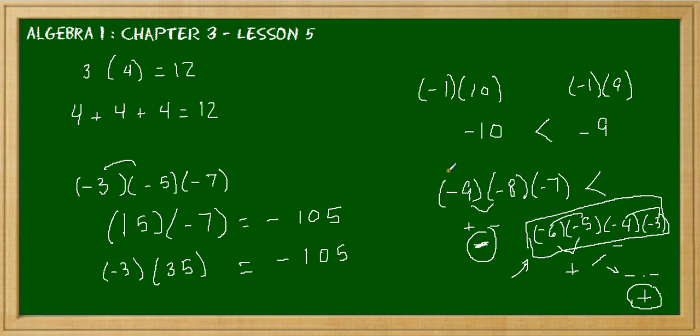I made reference here that there were 3 negatives, which is odd, and I have 4 negatives here. Notice that the odd always yielded a negative, and that the even yielded a positive, and I showed you why.